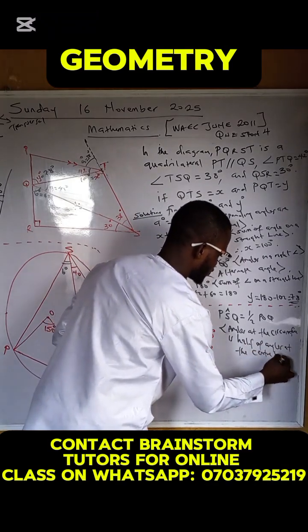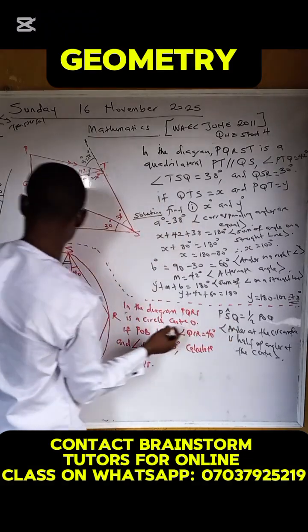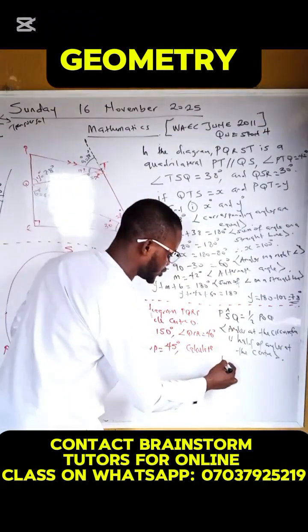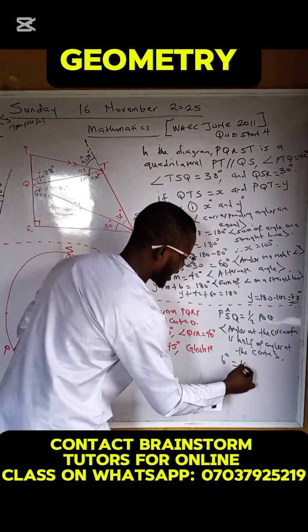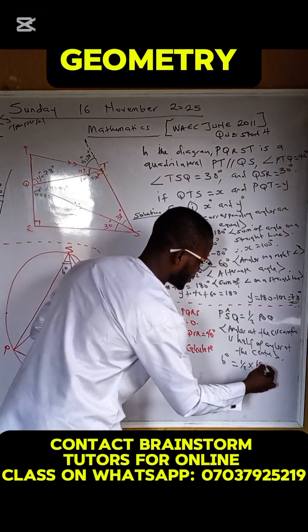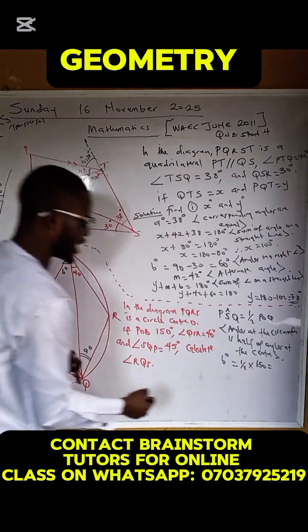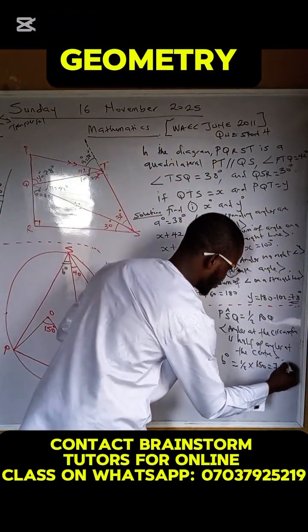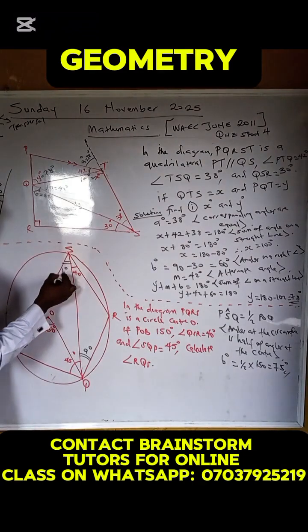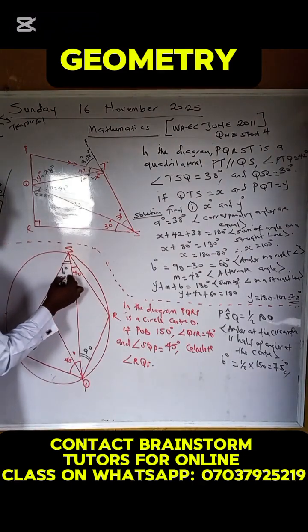So you have to give them the reason. So my angle PSQ, which is b degree, is equal to half times 150. Half times 150 gives 75 degrees. So this b here is going to be 75 degrees.